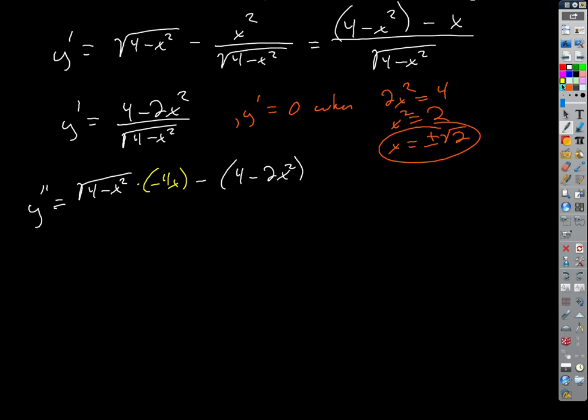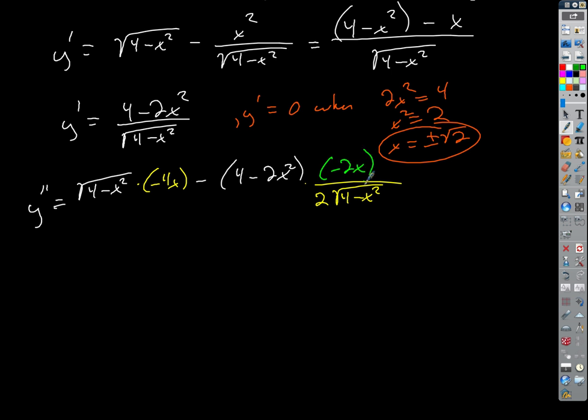It's 1/2 times 4 minus x squared to the minus 1/2, times negative 2x, by the chain rule.